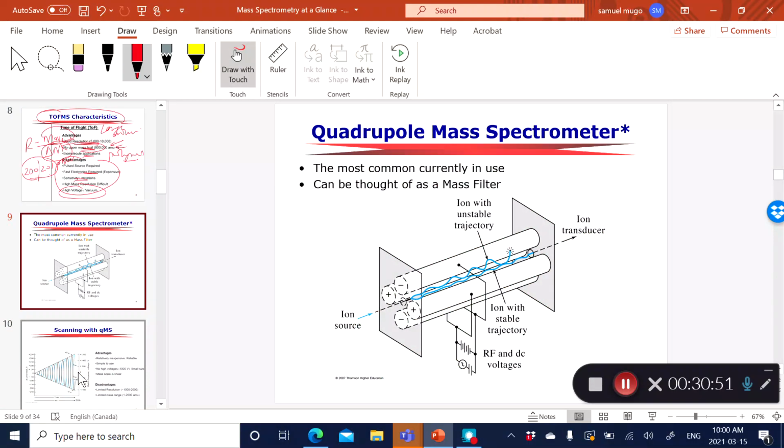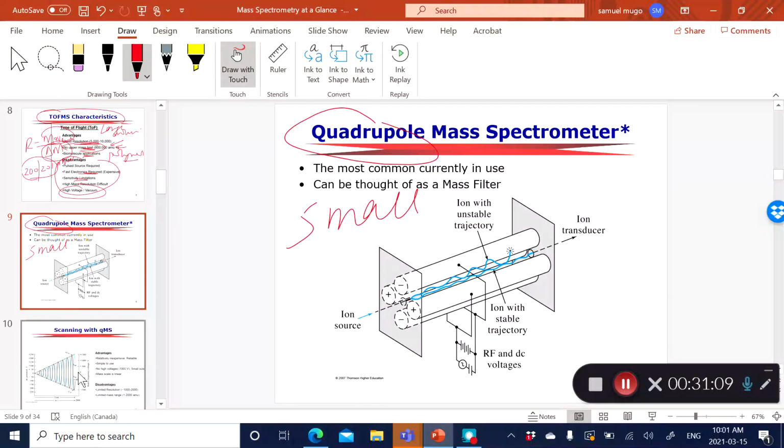Now, the other type of mass analyzer out there, and I would say the most common because it's fairly small, you can miniaturize it, is what you refer to as a quadrupole mass analyzer.